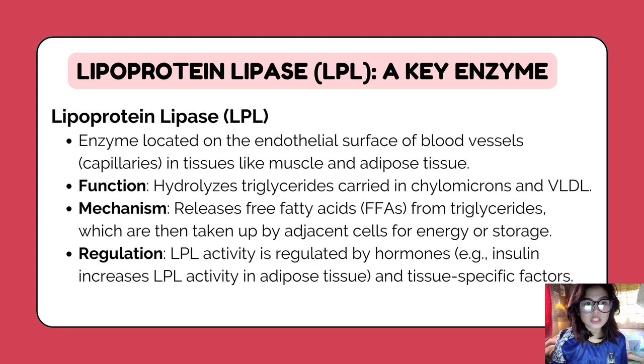Muscle cells use the fatty acids for energy production, while adipose tissue stores them for later use. LPL activity is carefully regulated by hormones such as insulin, which, for example, increases LPL activity in adipose tissue to promote fat storage after a meal.